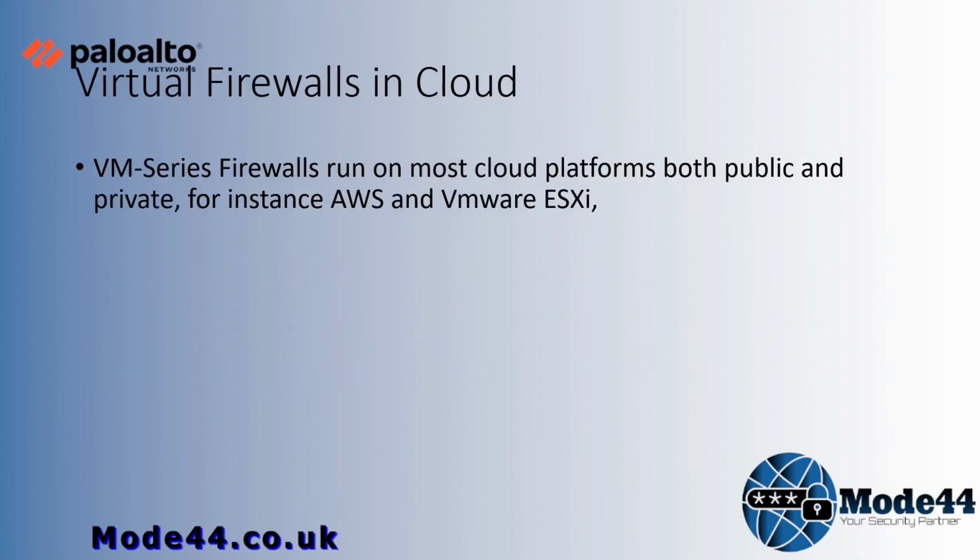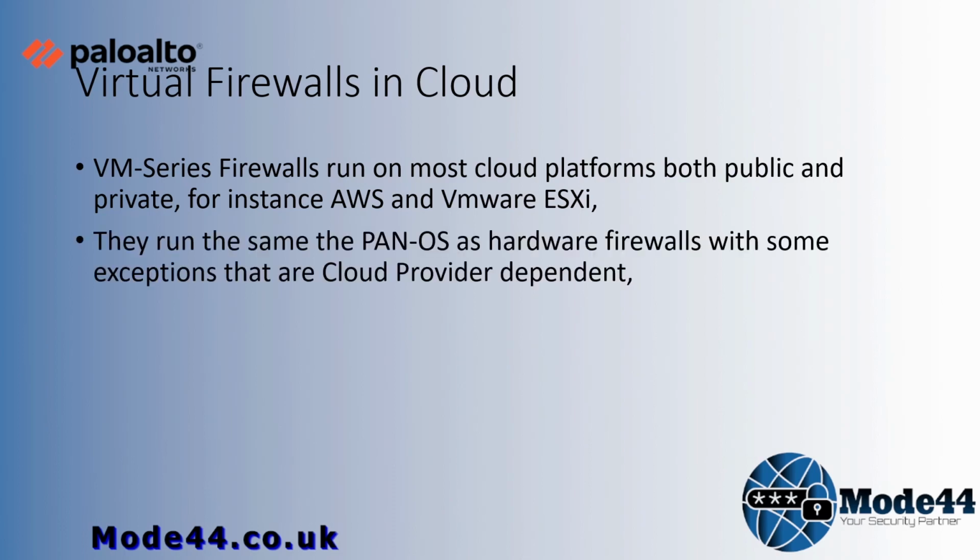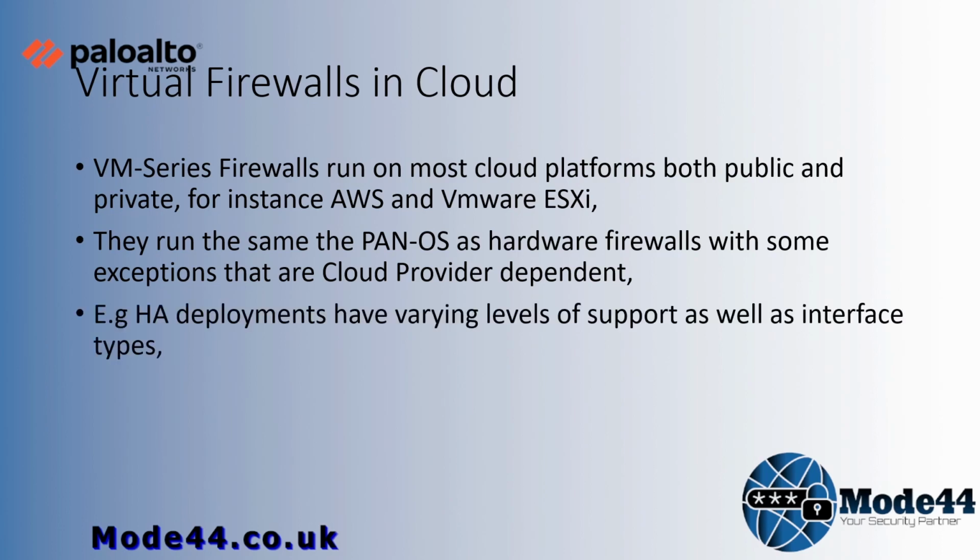So virtual firewalls in the cloud. VM-Series firewalls can run on most cloud platforms, both public and private. They run the same PAN-OS as hardware firewalls, with some exceptions that are cloud provider dependent, one of which being that HA deployments have varying levels of support.